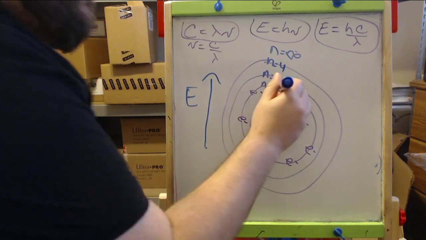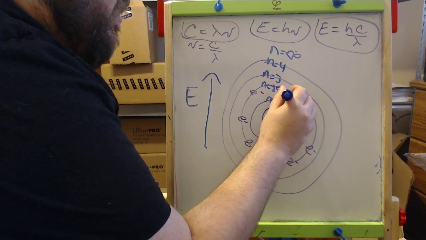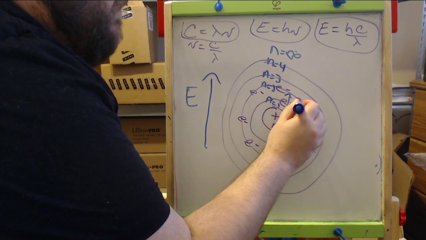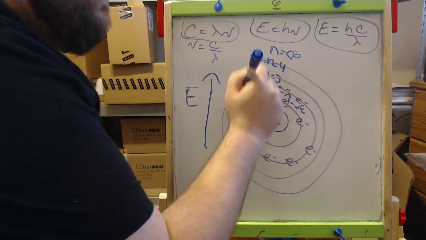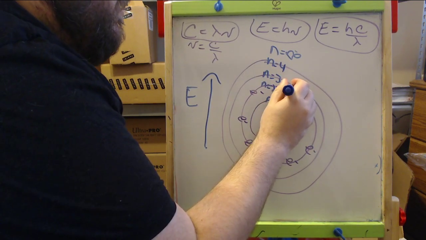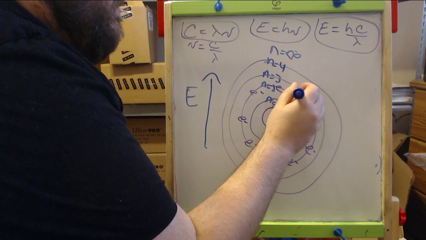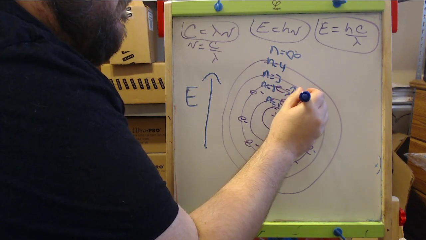So it requires energy to move from n equals 1 to n equals 2. It requires energy to move from n equals 2 to n equals 3.